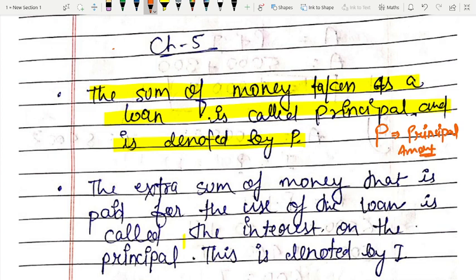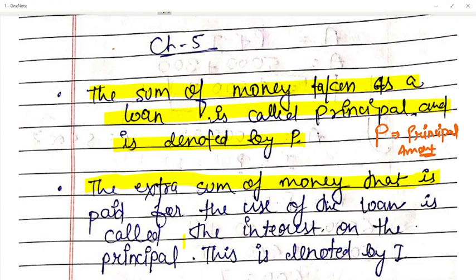Now the extra sum of money. Let's suppose you have taken a loan. Is it clear to all that you will give some extra money to the bank or to the person from whom you have taken it?